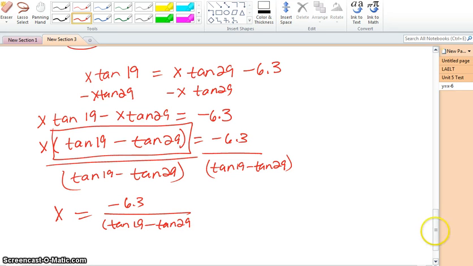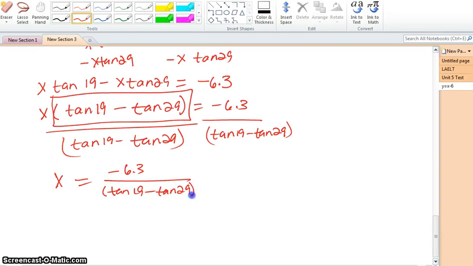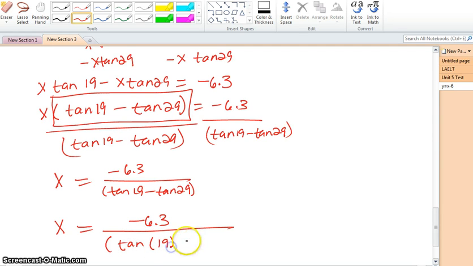So using enough parentheses, calculate that. After you hit the division symbol, start a set of parentheses. Once you hit tangent 19, your calculator is going to open another set. So push those buttons and see what happens.